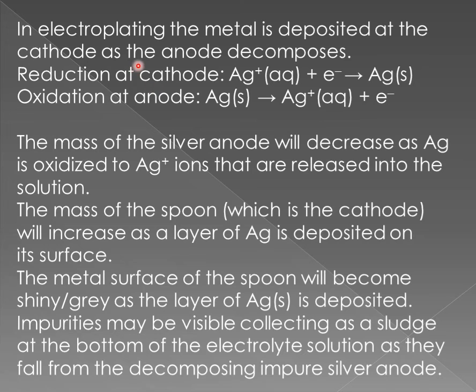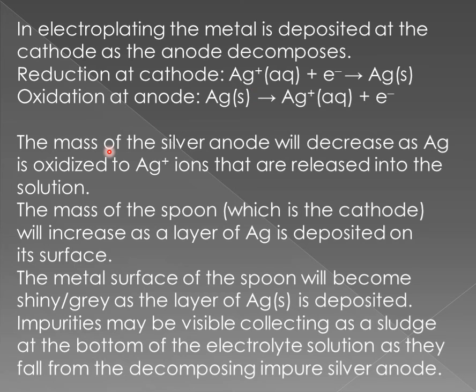So in electroplating, the metal is deposited at the cathode while the anode decomposes. Reduction at cathode: silver cation plus electron gives silver metal. Oxidation at anode: silver metal gives silver cation plus electron.